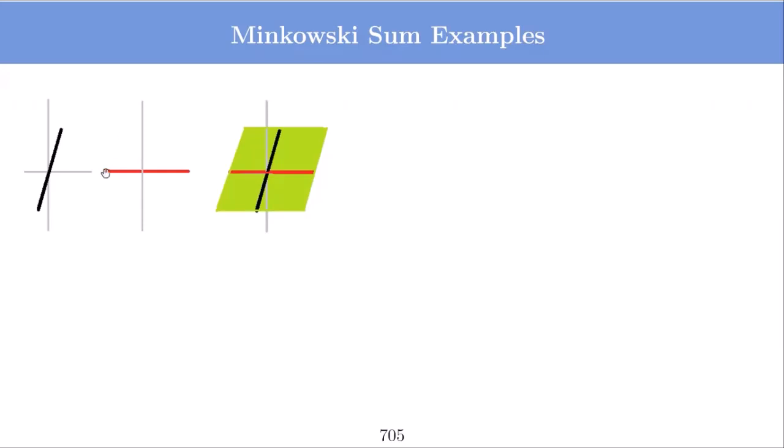Similarly, as you take all the points here, you get this set shifted here, here, here, here, here, here, here. And if I take all these points, what you get is this structure, that this is shifted with the centers at each point of this. So eventually I get a parallelogram. So the Minkowski sum of two lines will be a parallelogram.